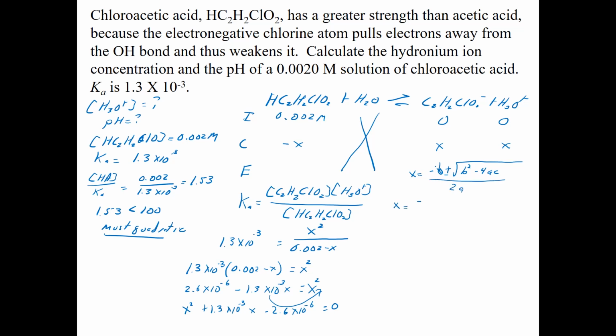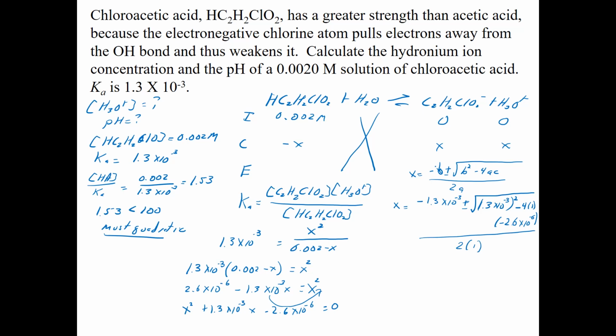So x is going to be equal to a negative 1.3 times 10 to the minus 3 plus or minus the square root of 1.3 times 10 to the minus 3 squared minus 4 times 1 times a negative 2.6 times 10 to the minus 6, so all of that wraps around there, divided by 2 times 1.